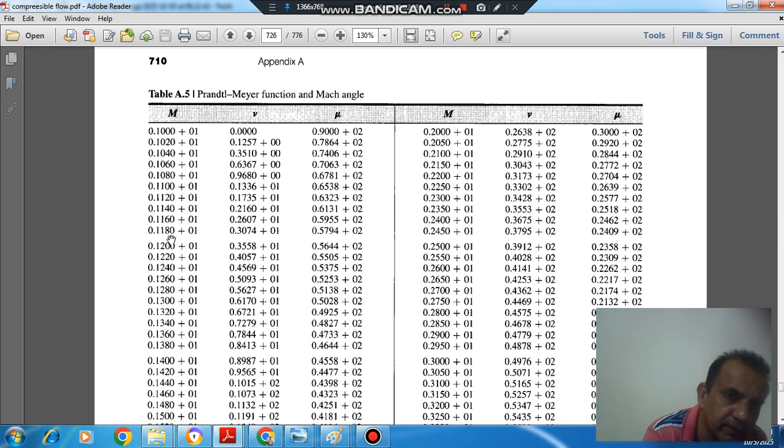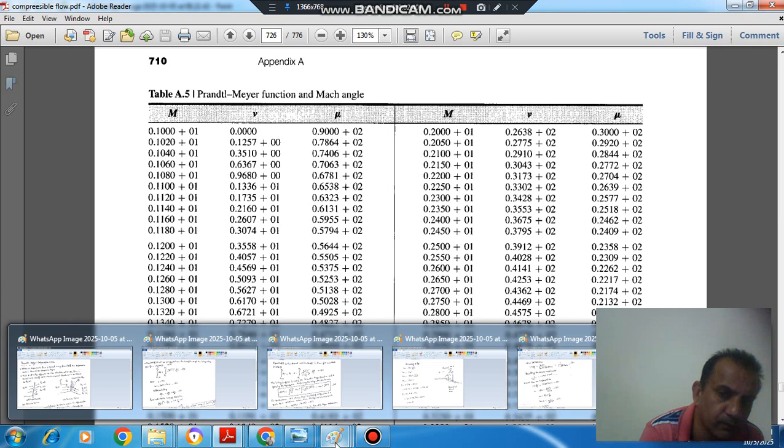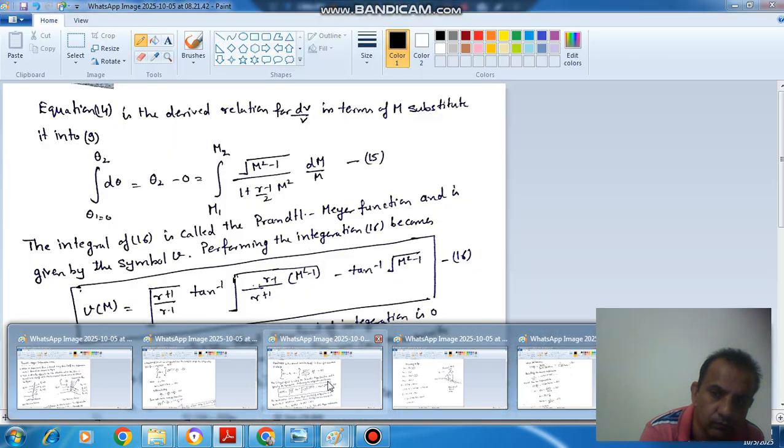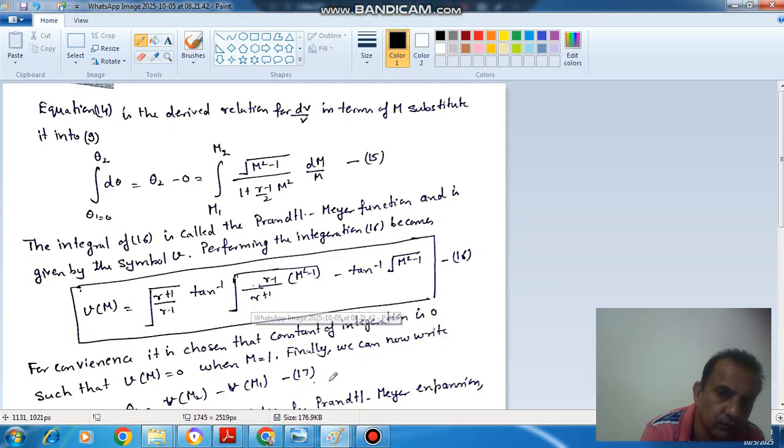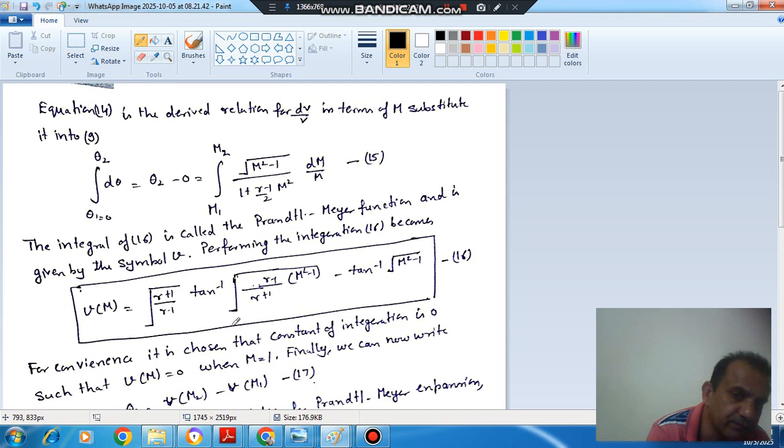So for 1.180 the value of mu is 3.074, that is the angle. For each M there is a particular value of mu, the Prandtl Meyer function. For M equal to 1, it is 0.